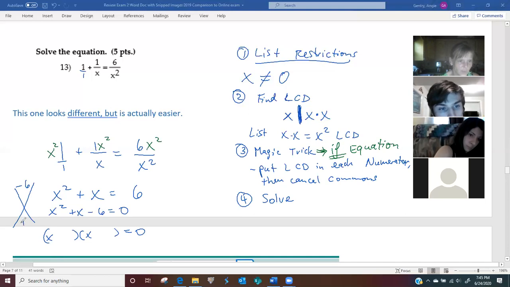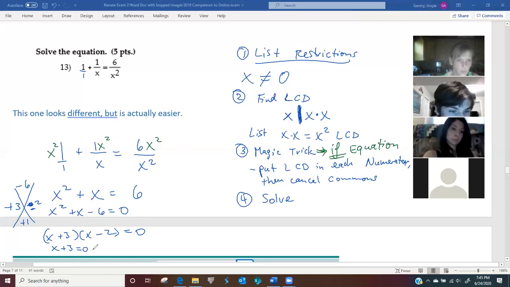What's my sum? +1. -3, +2. +3, -2. Yes? So I had the wrong one at first. 3 times -2 is -6, true. 3 minus 2 is +1, true. Double check your work. And then you solve each one of these individually.